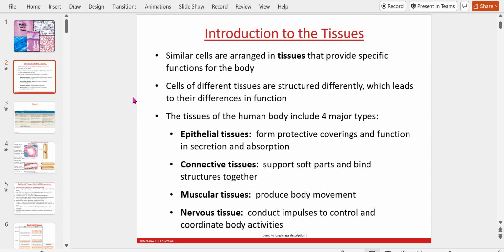Connective tissue supports soft parts and binds structures together. Muscular tissue produces body movement. Nervous tissue conducts impulses to control and coordinate body activities.